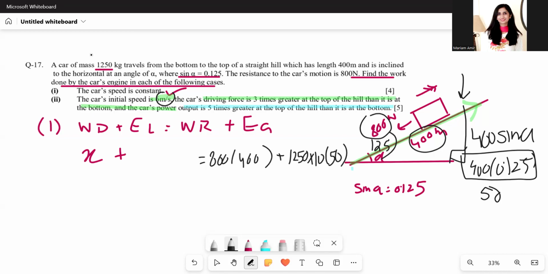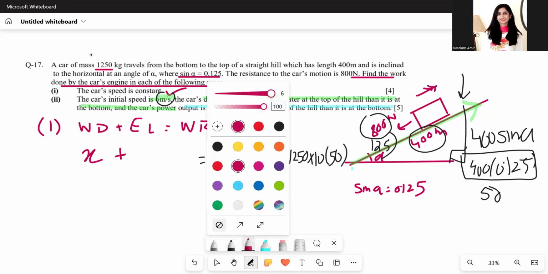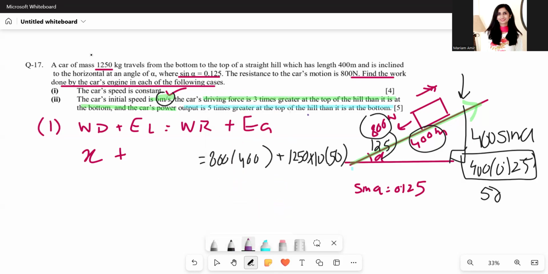Okay. So now let's make use of the equations given to us. Driving force is 3 times greater at the top of the hill than it is at the bottom.